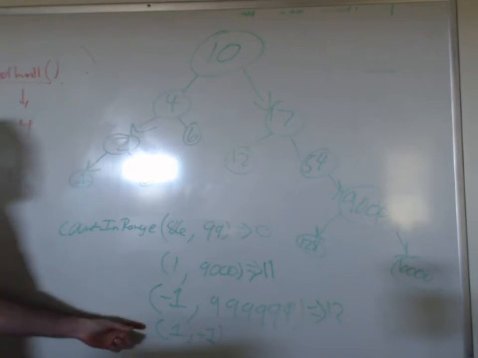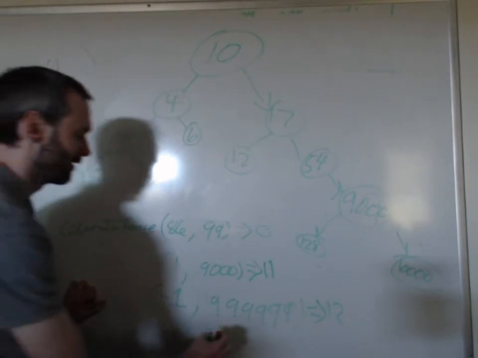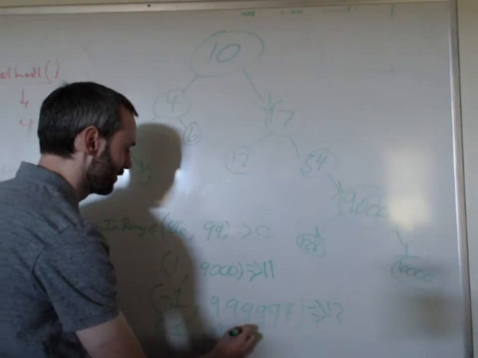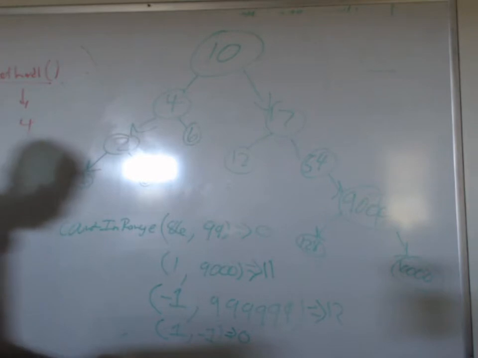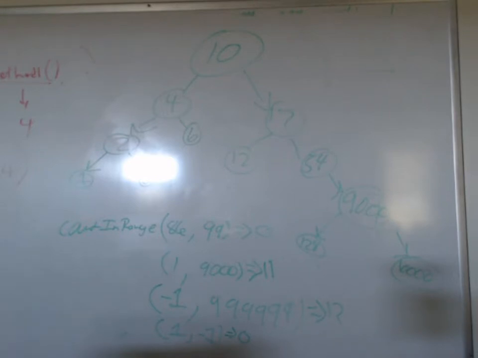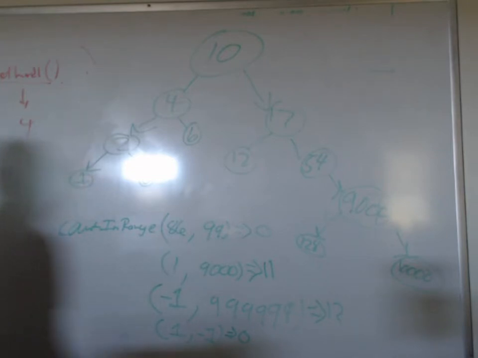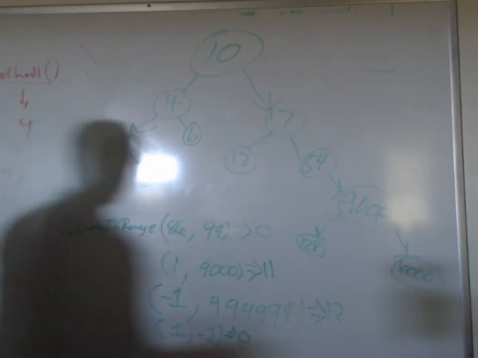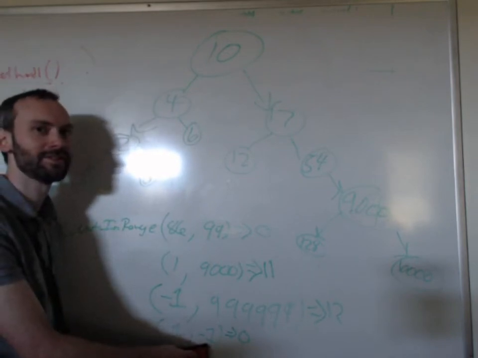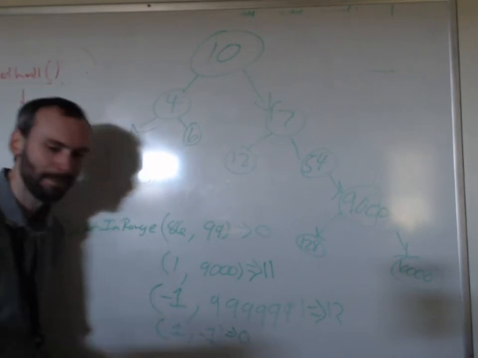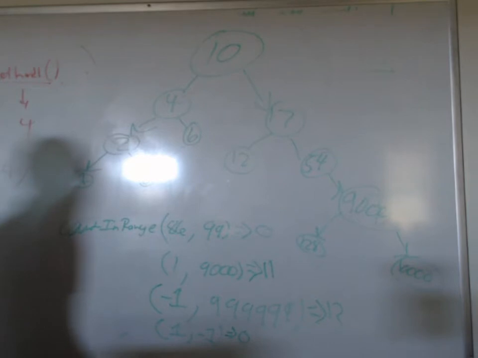No. Can 0 be in a binary tree? Yes, 0 is an integer. But the range, the minimum is 1, the maximum is -1. Does that make any sense? No, it doesn't. So just do that check real quick.